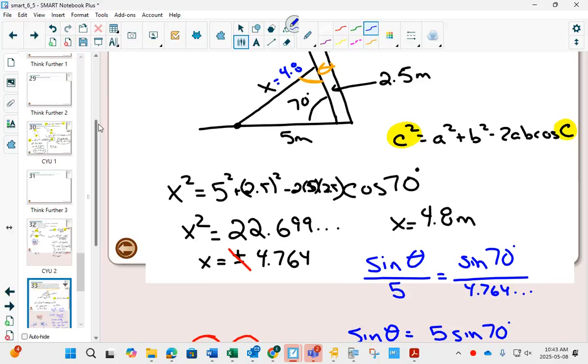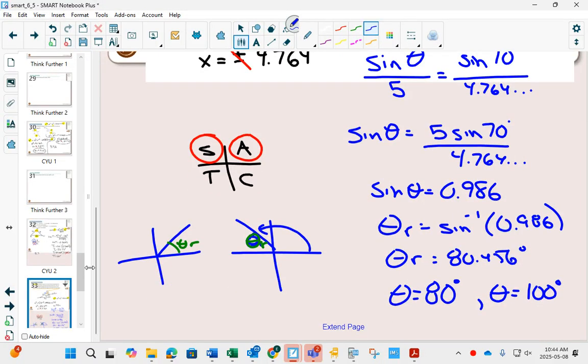They do both make sense. However, based on our picture, you could have 100 or you could have 80. And what this is called is the ambiguous case.